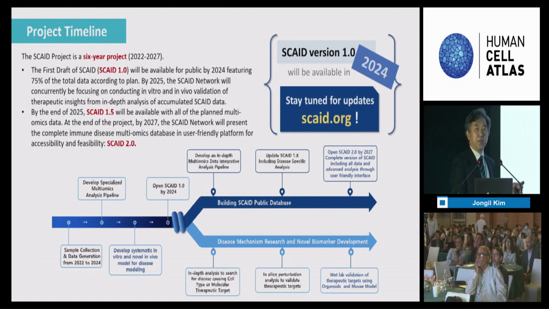It will mainly focus on single-cell RNA and some single-cell ATAC sequencing, but at the end of 2027, we hope to present a more comprehensive, complete version of our data atlas containing different types of sequencing platforms.